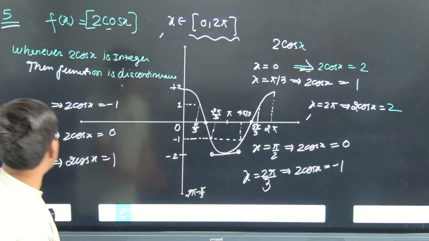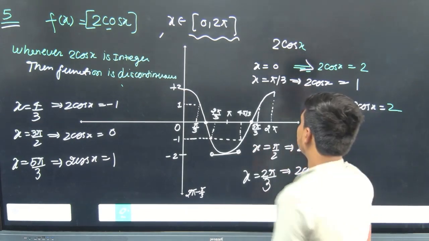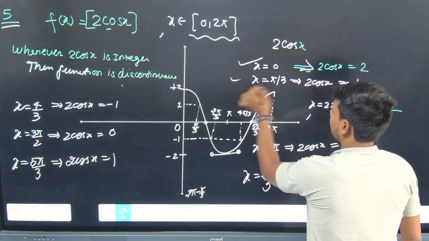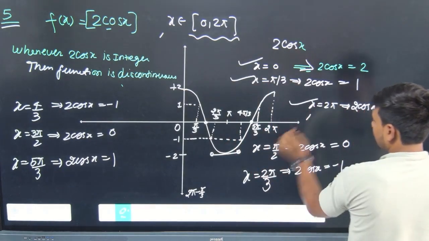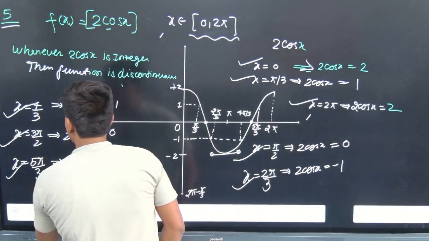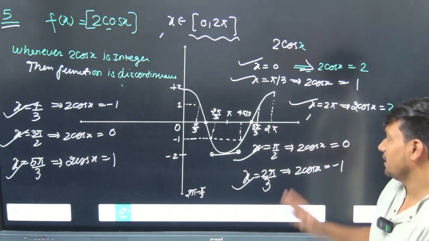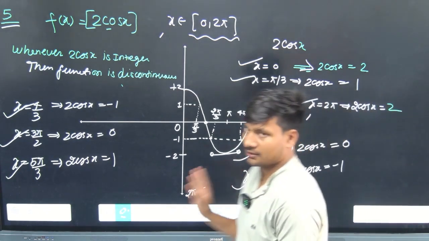So we will count how many points are here where this function is discontinuous. x equals 0, 1, 2, 3, 4, 5, 6, 7 and 8. So here we have 8 points where this function is discontinuous, okay.